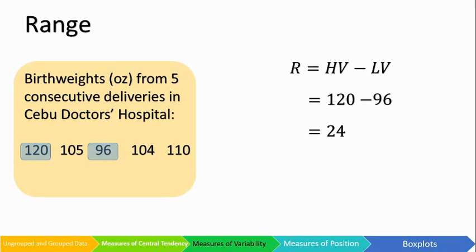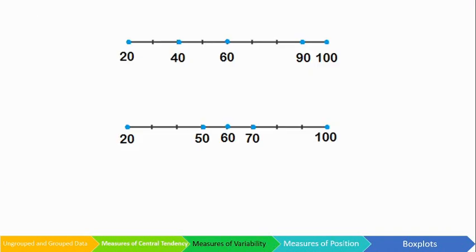It does not give us an idea of what is going on in the values in between. To illustrate, we have two data sets shown where the range are equal at 80, but the values in between are totally different. The data points at the top are more scattered or more varied than the ones at the bottom, so we can say that there is a greater variability at the top.